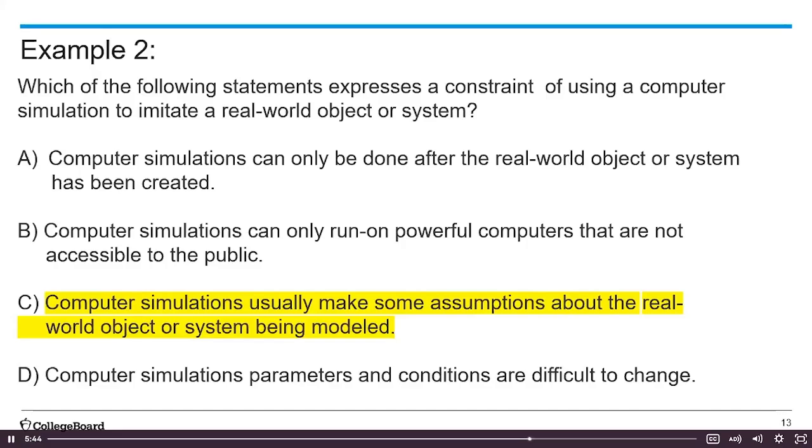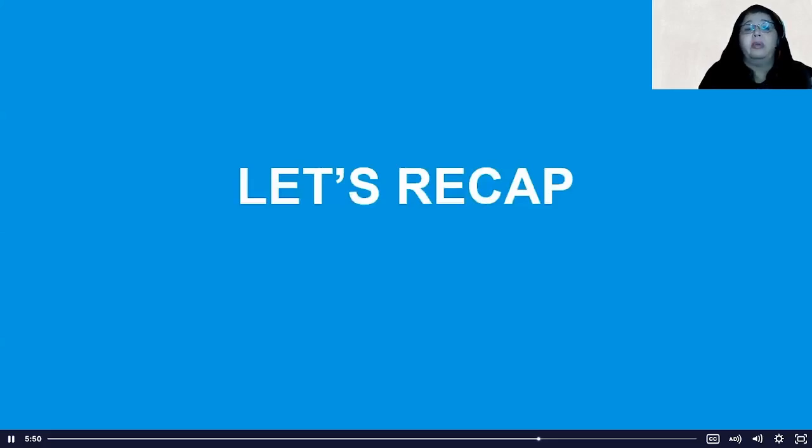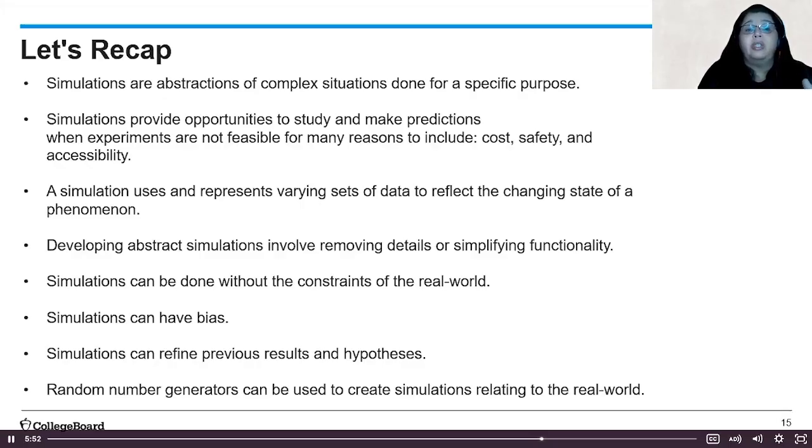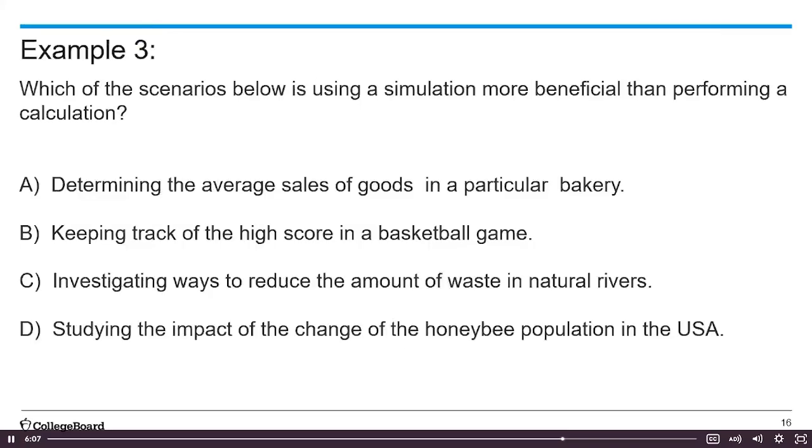Remember, simulations are biased and they do have those limitations. So let's recap. Simulations are abstractions. We use them with various sets of data. They can be done with the constraints of the real world. They do have bias. They do refine some of our thoughts and ideas and hypotheses and results.